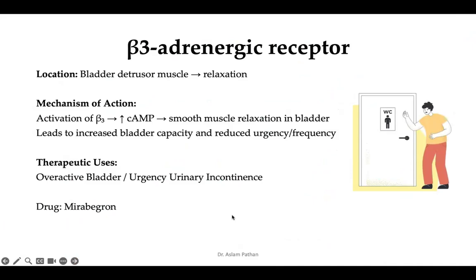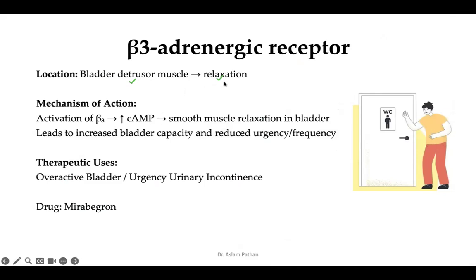And the last one, beta 3 adrenergic receptor, is located in the bladder detrusor muscle and leads to the relaxation of bladder muscle.